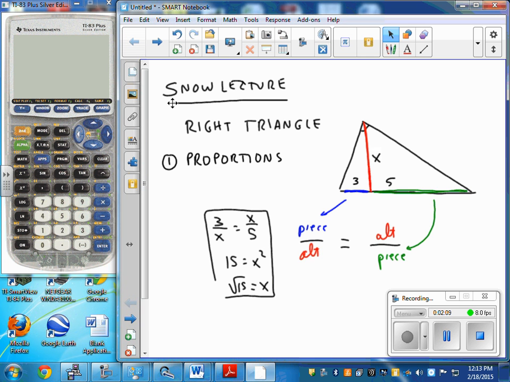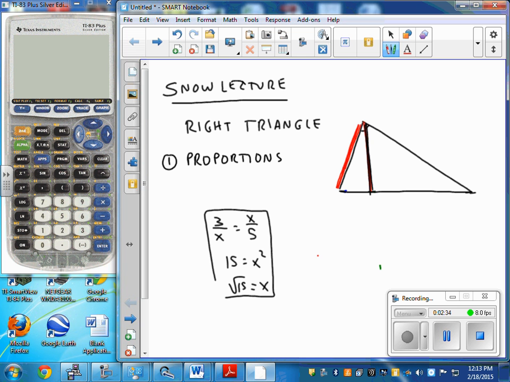But then there was another one as well, and it also had to do with dropping an altitude to the hypotenuse in the right triangle, but now with a slightly different setup. We noted that the leg of the right triangle is the mean proportion between its projection onto the hypotenuse, think projection coming down, and the entire hypotenuse.